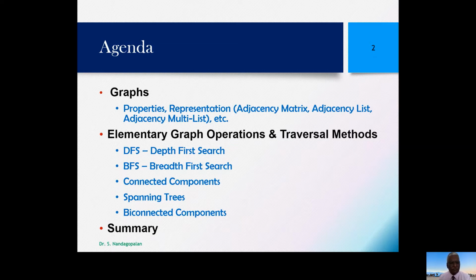And lastly, we have what is known as bi-connected components. This is related to cut vertices, as several authors call it. So we have to have some fundamental concepts in order to find the bi-connected component, so we have some add-on concepts that need to be introduced.